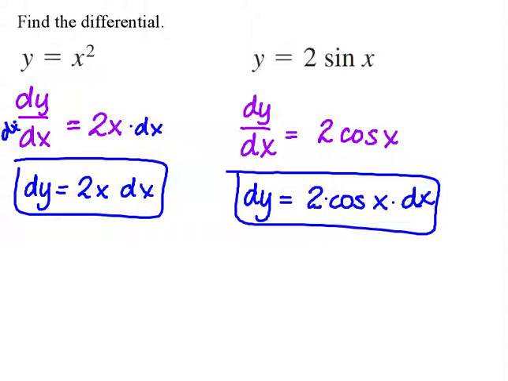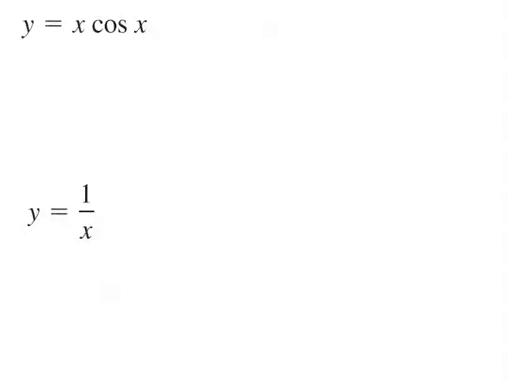All right, let's look at the next one. Okay, this one's going to take a little bit of time because what do we have to do? Just x times cosine x. You've got 2 quantities, so you're going to have to use the product rule. So remember, what's the derivative of x? What's the derivative of cosine?